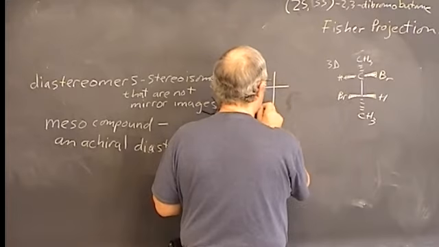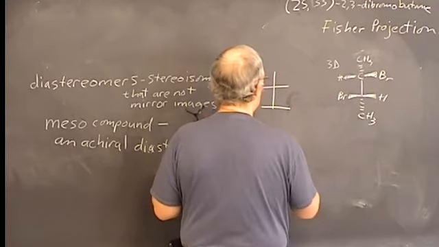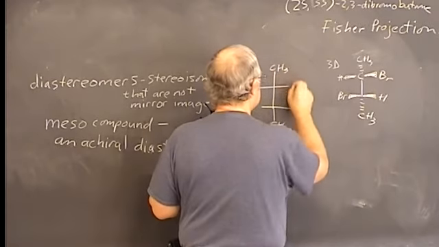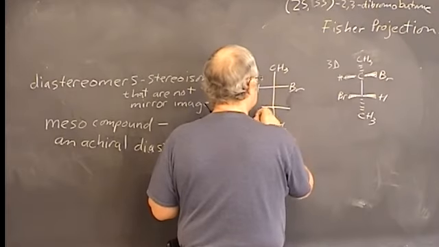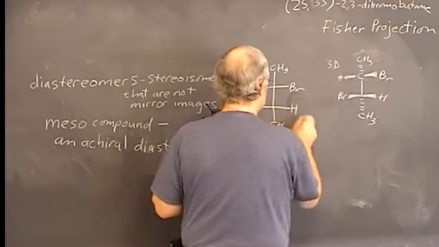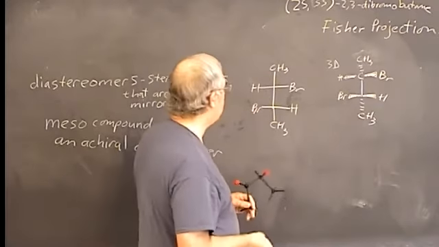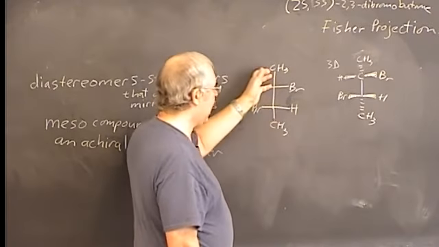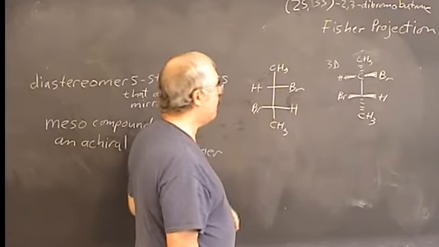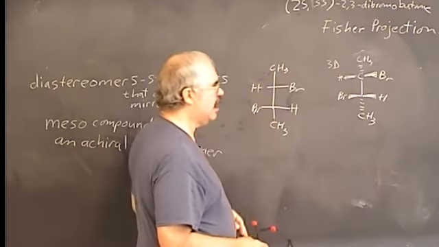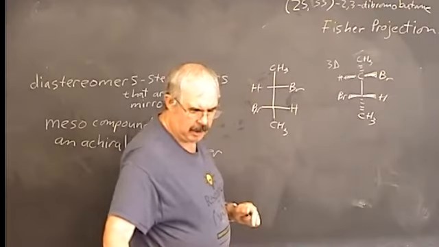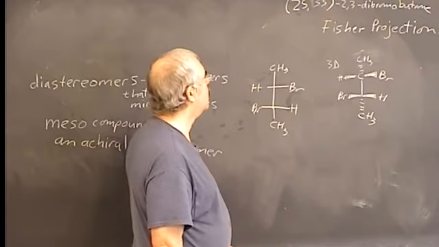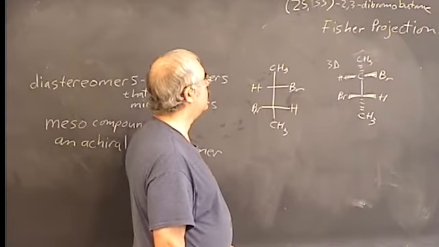We would represent it as a pair of intersecting lines like this. Okay, so this is a Fisher projection. Vertical groups, like these methyls, are going back. Horizontal groups are coming forward. Okay, and it specifies that particular arrangement. Okay, so that's a Fisher formula for Fisher projection for 2S, 3S, 2,3-dibromobutane.